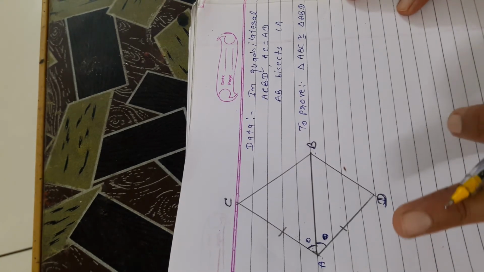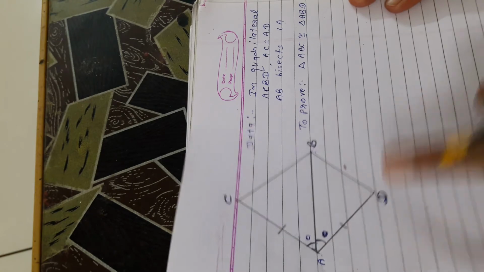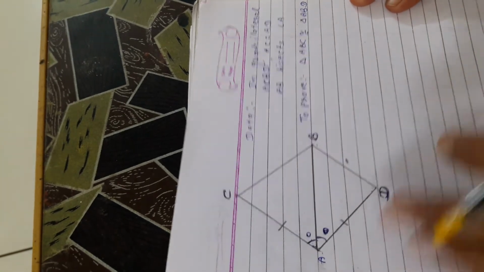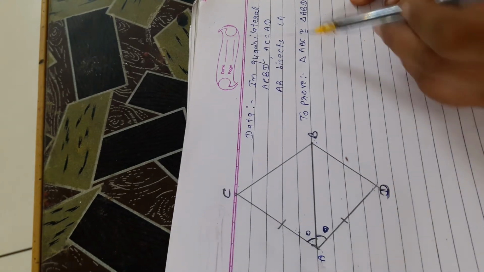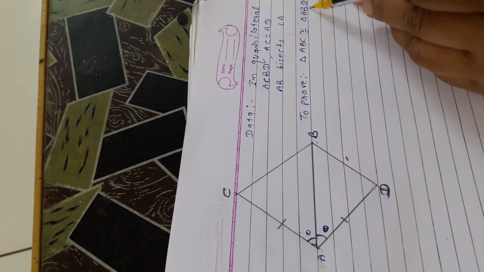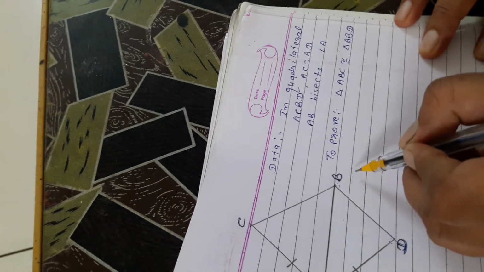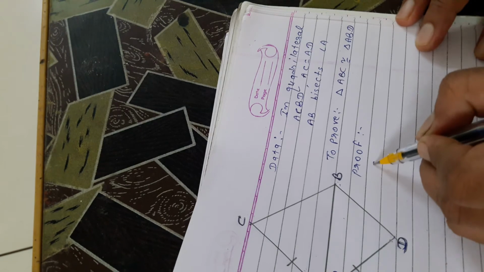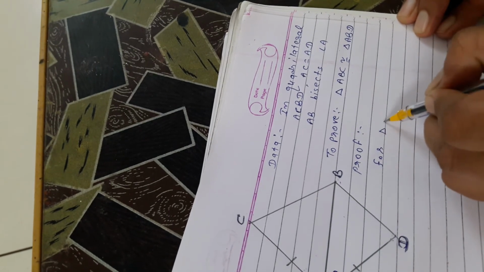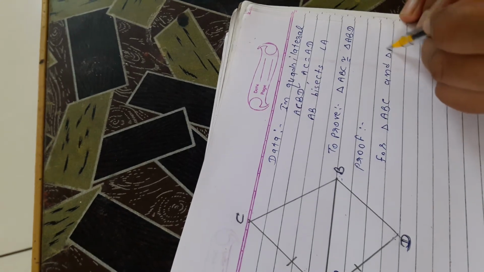From these five criteria, we have to apply one criterion. Here we have AC and AD are same. We have to prove that both the triangles are congruent, so the proof is for triangle ABC and triangle ABD.